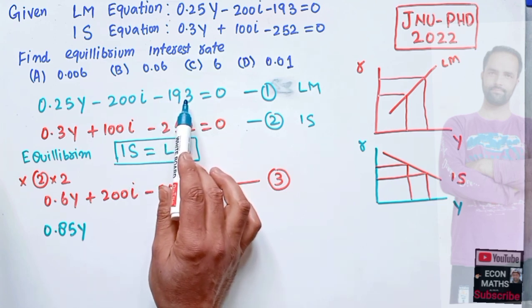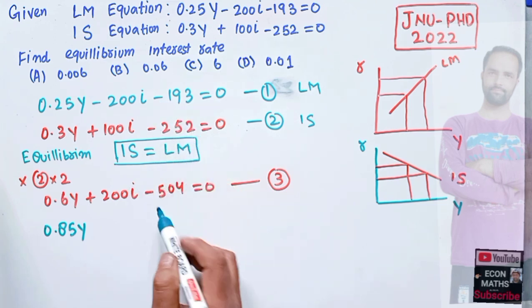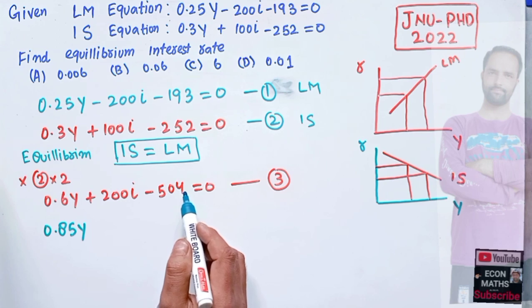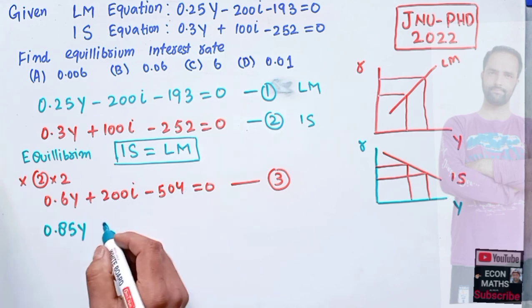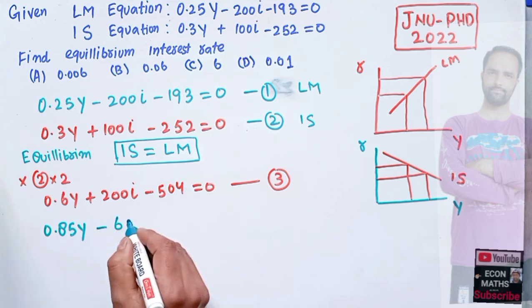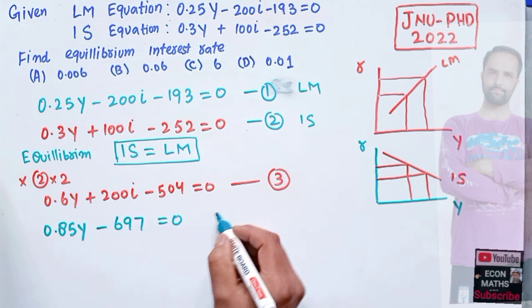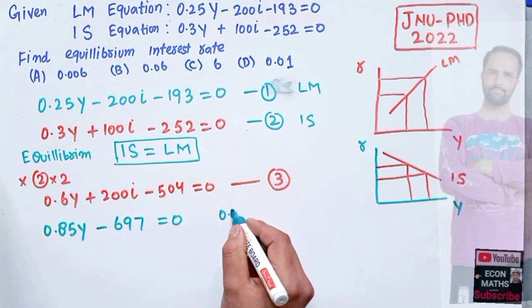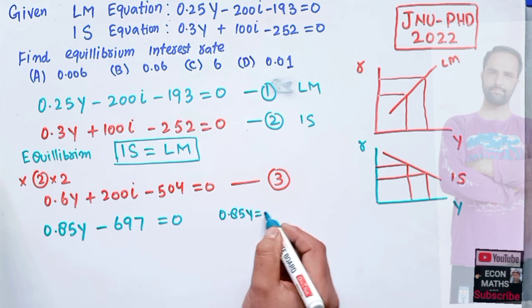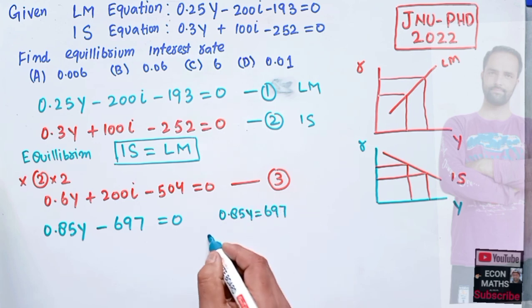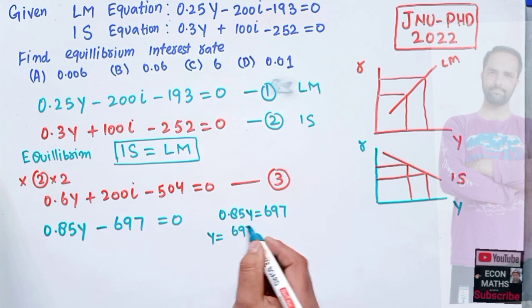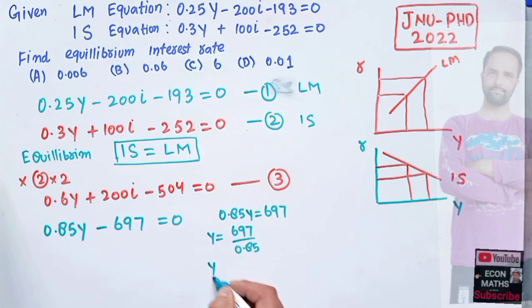Then we have minus 193 minus 504, so it will come out to be minus 697, which should be equal to 0. Solving for income, we have 0.85y is equal to 697, y is equal to 697 divided by 0.85, which gives us y equal to 820.